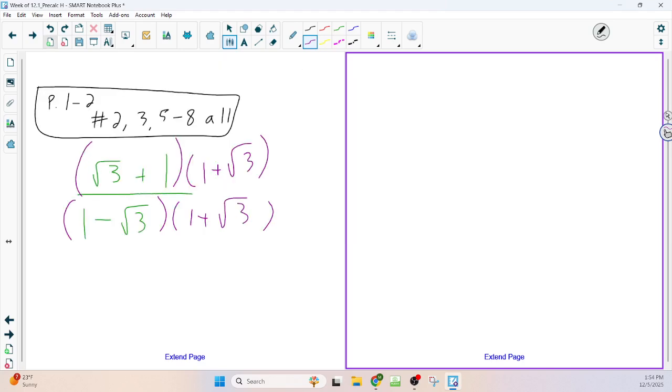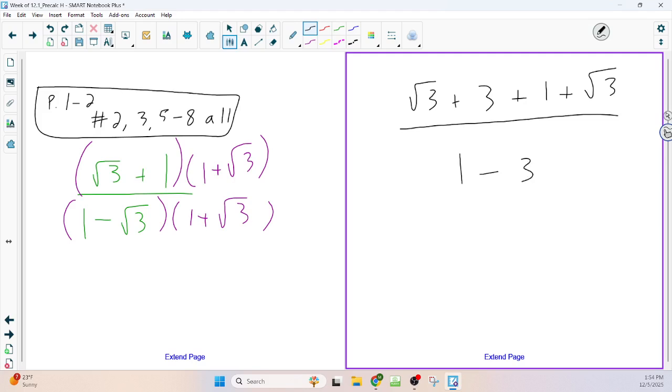So all we do is we then have root 3 plus root 9, which is just 3, plus 1 plus root 3, all over 1 minus 3. Is that okay? I think that's okay.